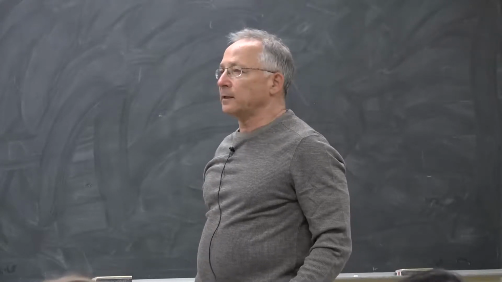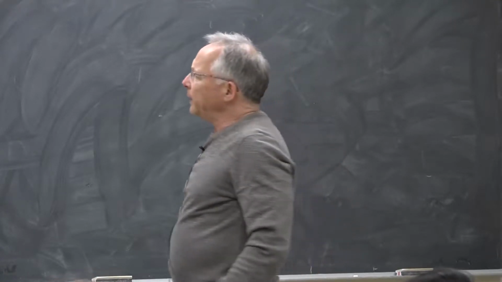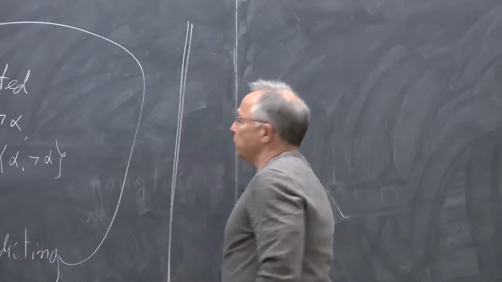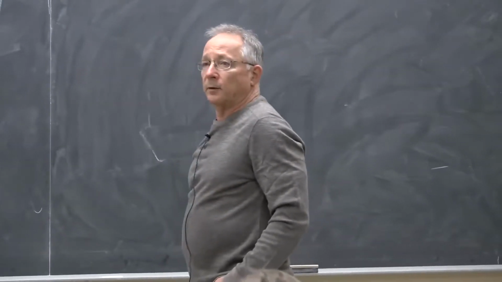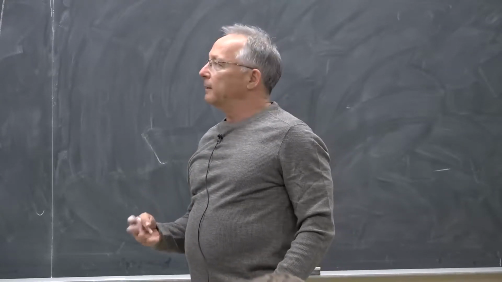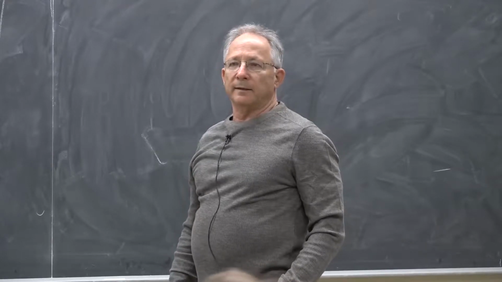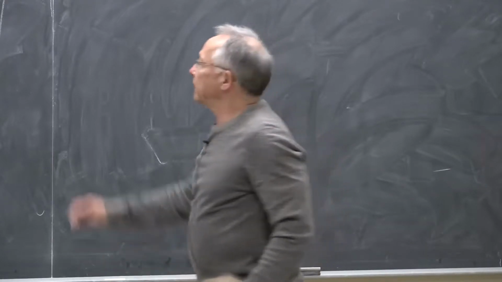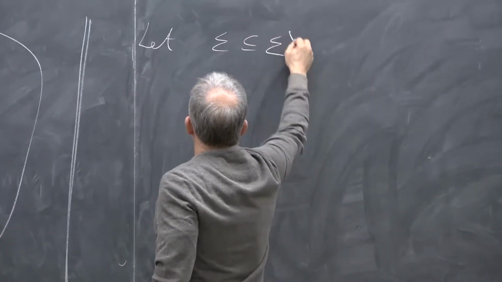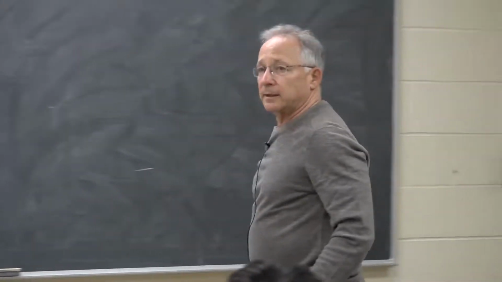Okay, so we have this nice notion of consistency. Now how can we show that a set is consistent? Let's think a little bit about this notion of consistency. Let sigma be a subset of sigma prime. The consistency of which of them implies the consistency of the other?